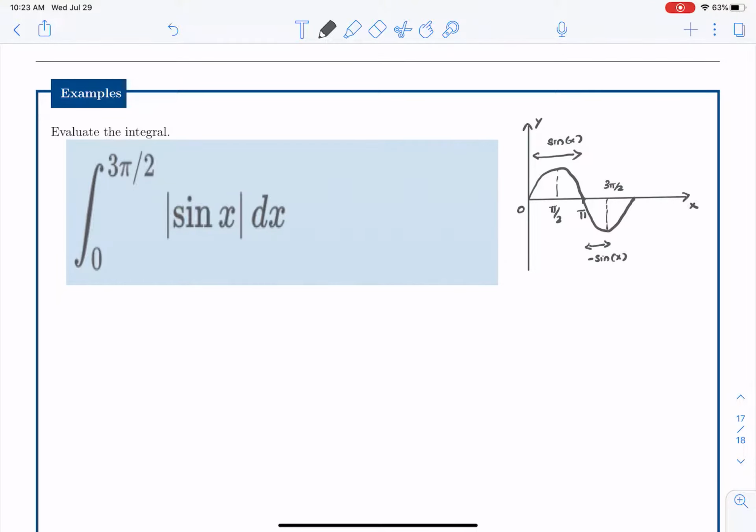Whatever value sine x that we have, we're going to multiply it by a negative number to get the area below. So what we can do is simply find the area either from 0 to pi over 2 or from pi over 2 to pi and put it between pi and 3 pi over 2.